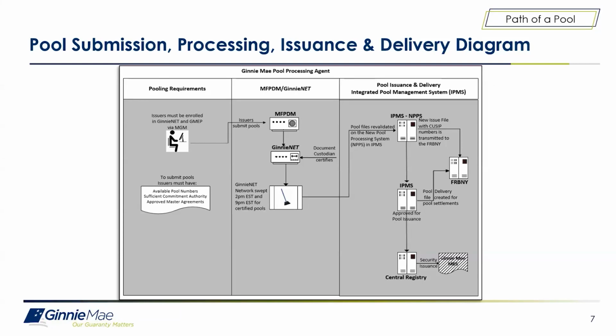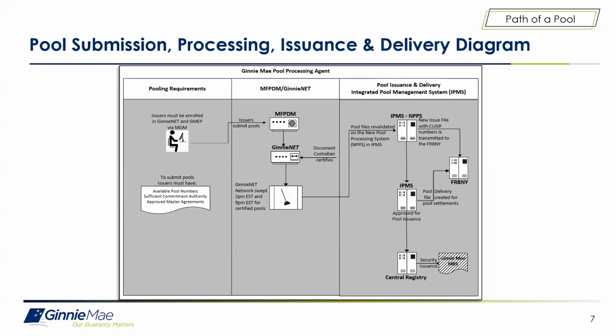Of course, the issuer submits their pool using MFPDM or GeniNet. The document custodian certifies, and the GeniNet network, we still call it a GeniNet network although GeniNet is going away, we sweep at 2 p.m. Eastern Standard Time and 9 p.m. for all pools that have the status of certified.